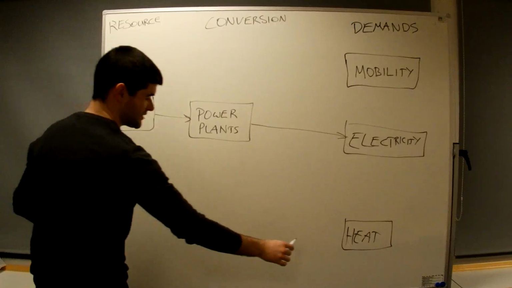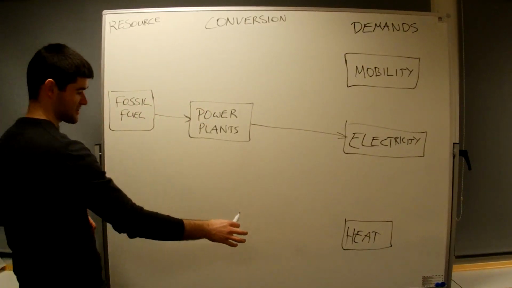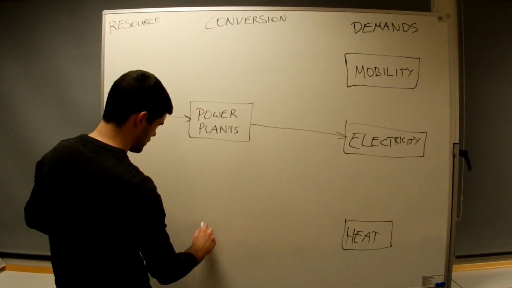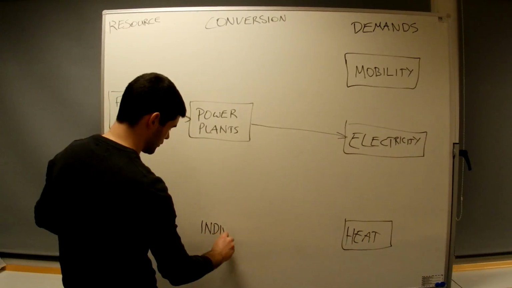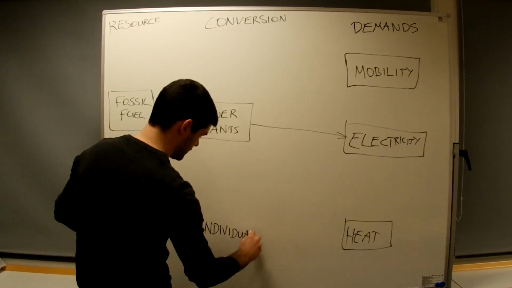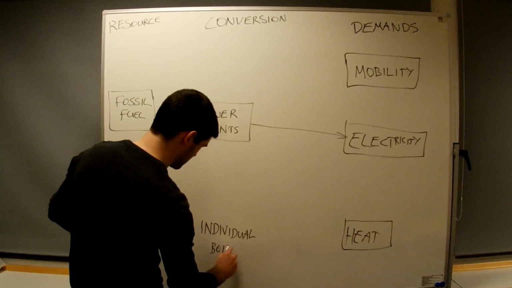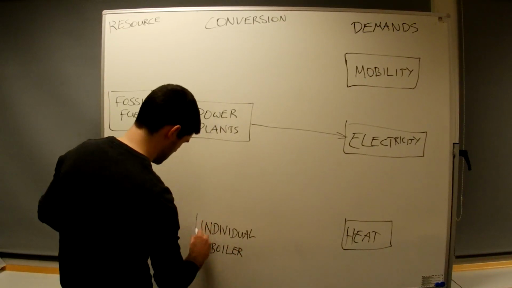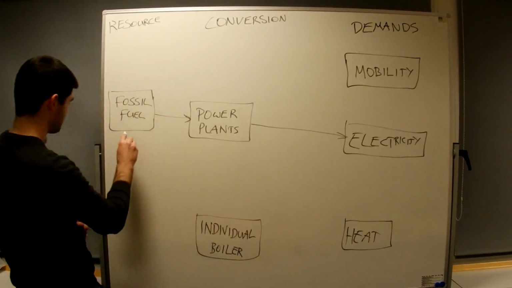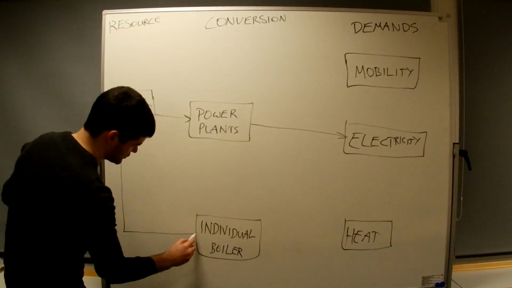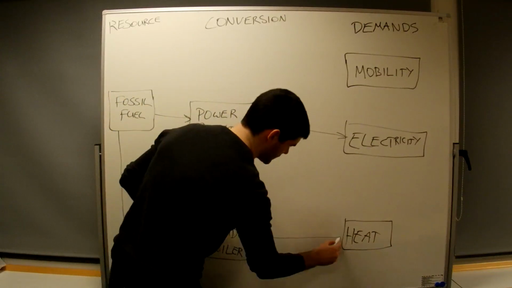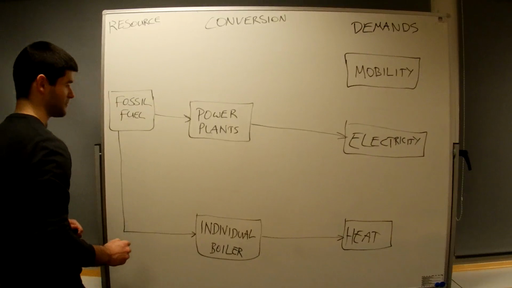If we then look at the heating end user demand, what happens in heat is that we have some form of individual boiler. So that can be like an oil boiler or a gas boiler usually. So once again, we put some fossil fuel into an individual boiler, and out of that we get some heat for the end user.